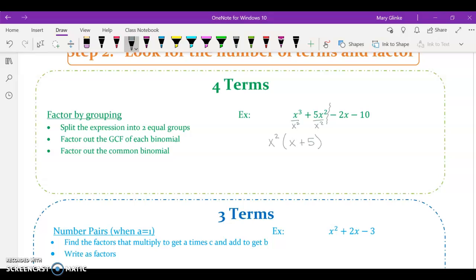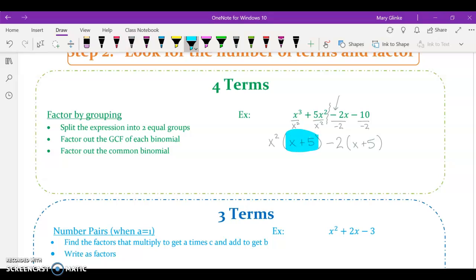For the next 2 terms here, we have 2 and 10. Looking at those numbers, they have a GCF of 2, but my leading term is negative, so I'm going to factor out that negative sign as well. So you divide everything by -2, and when you do that, you're going to be left with x plus 5. Notice the negative divided by the negative gave us that positive.